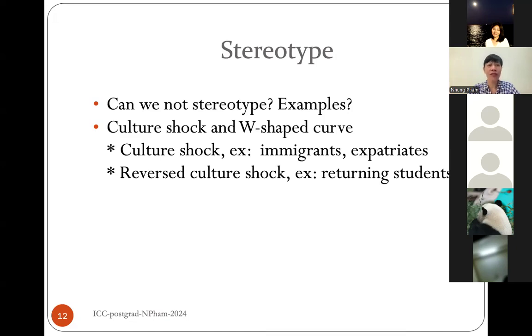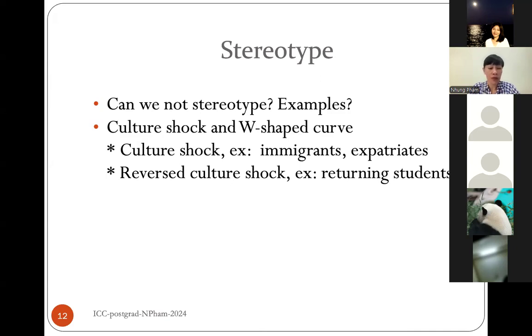But it's important that when we enter into cultural communication, we will not let our stereotypes of other people or of other cultures control our behavior, because it's dangerous.